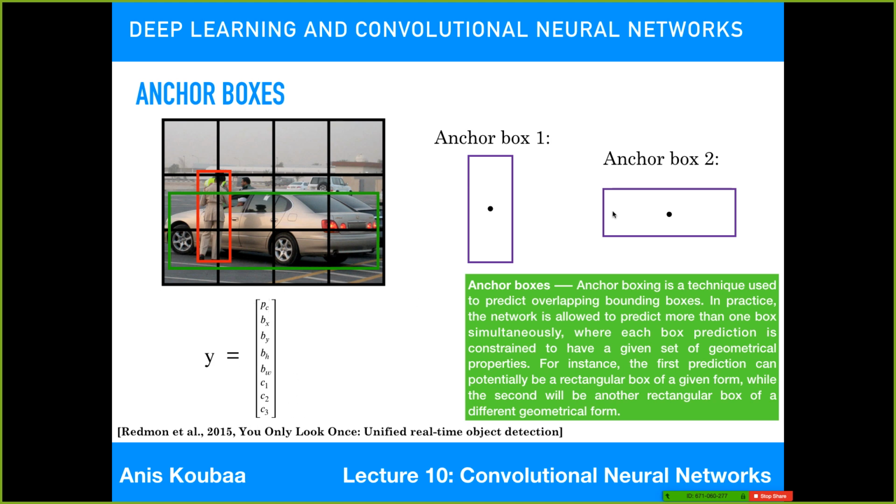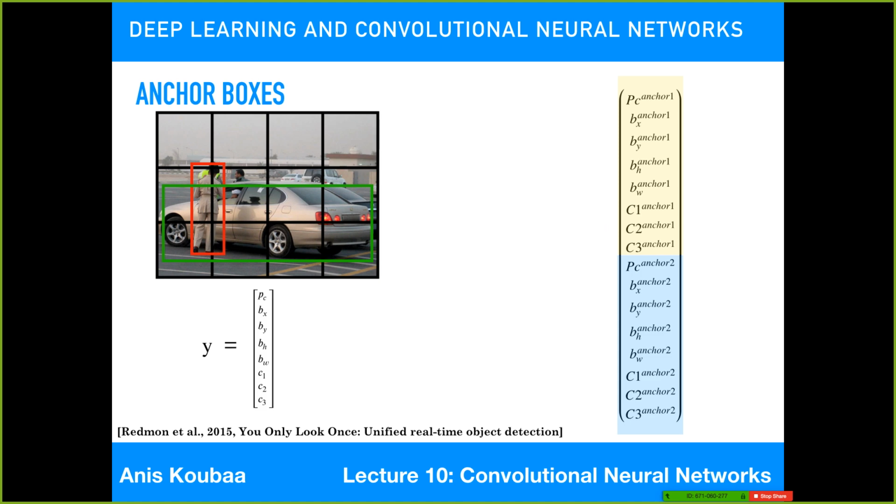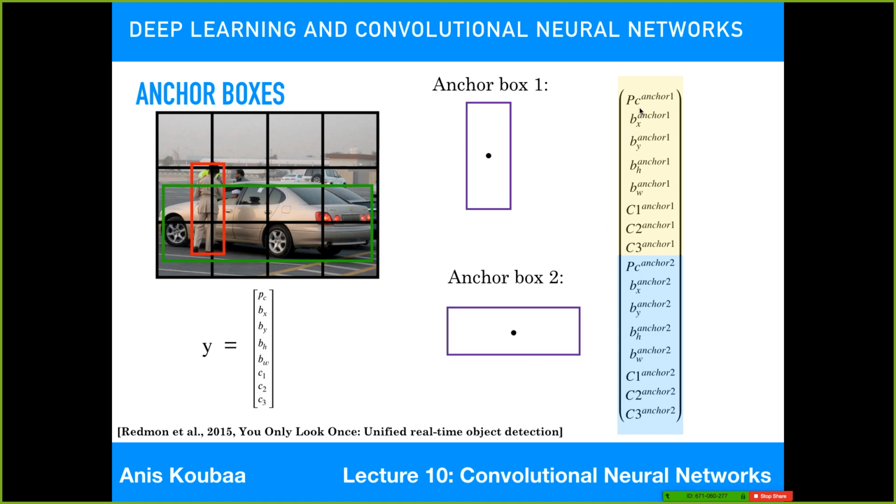So if you use two anchors, in this case, you will have the probability of presence of an object for anchor 1, then the bounding box of anchor 1, and then the probability of each class for anchor 1. And the same thing will be also for anchor 2. So each anchor will have its own bounding box properties and its own probabilities. Because now, for example, if you put anchor 1 for the car, maybe it will not detect the car, but if you put anchor 2, it will detect the car.